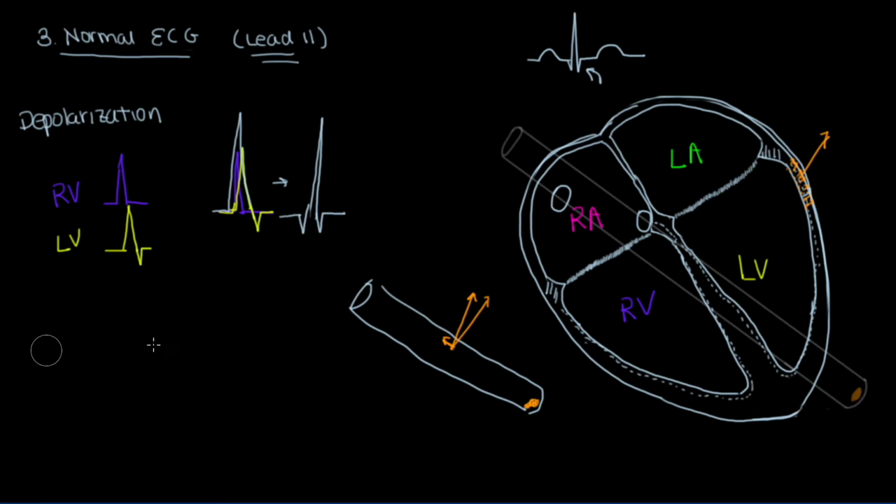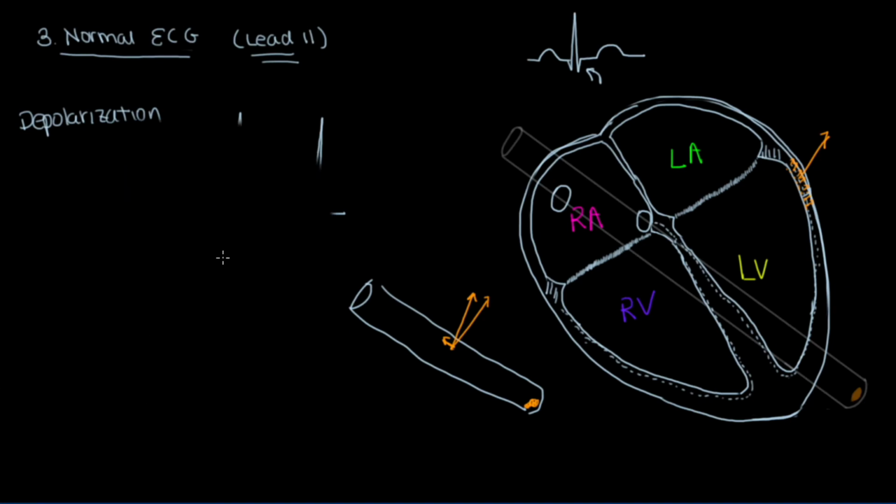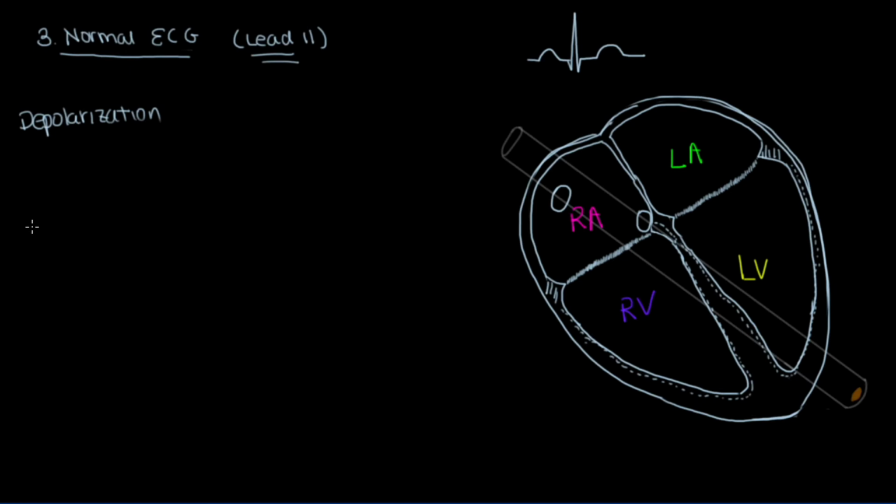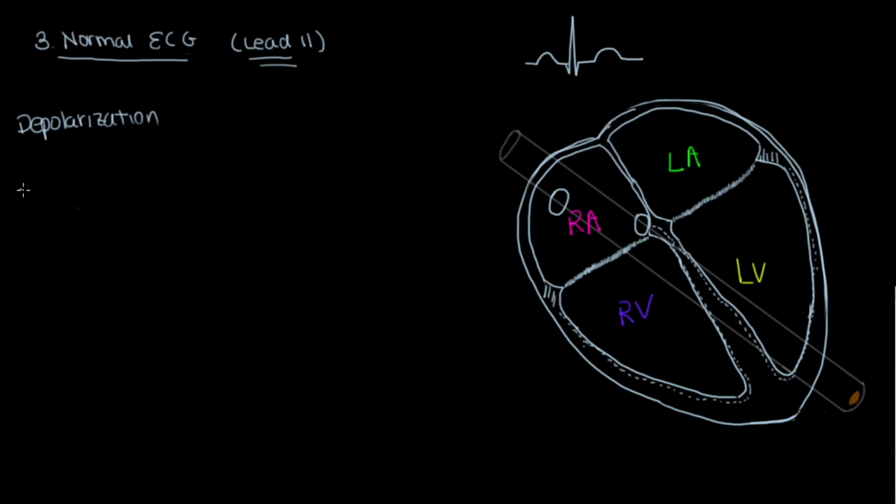All right, so you may notice that all parts of the heart have depolarized, and what we have ended up with is the right atrium followed by the left atrium depolarizing, the His-Purkinje fibers going, then the right ventricle, followed by the left ventricle, and the last little bit of the left ventricle, and everything is depolarized.